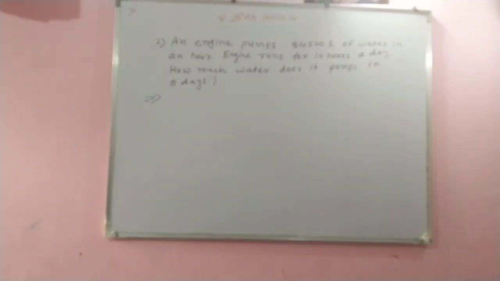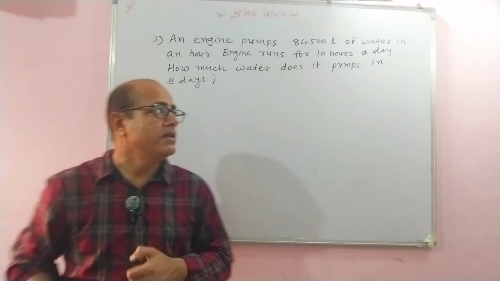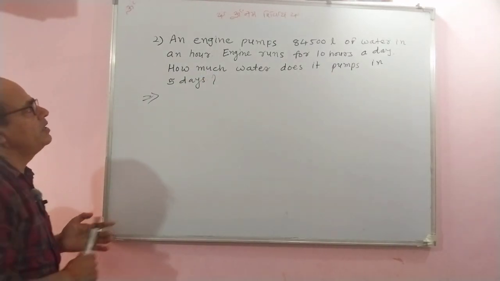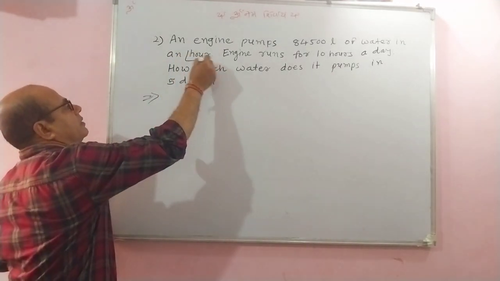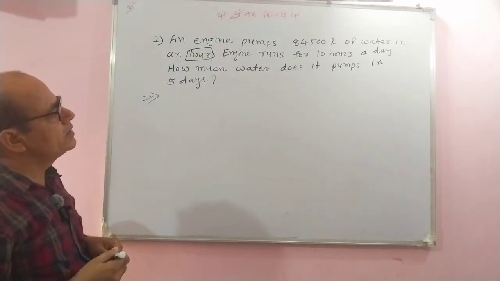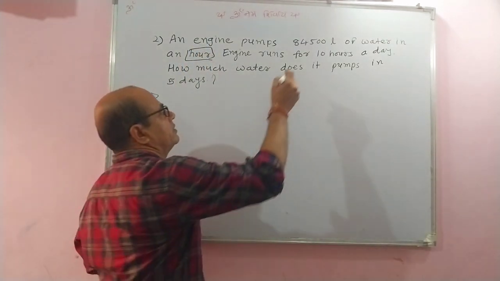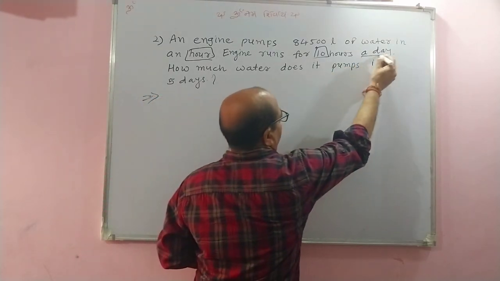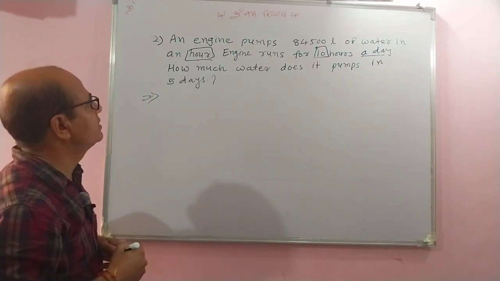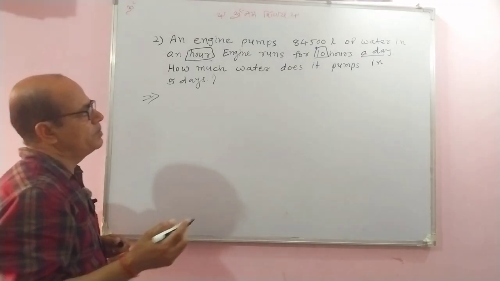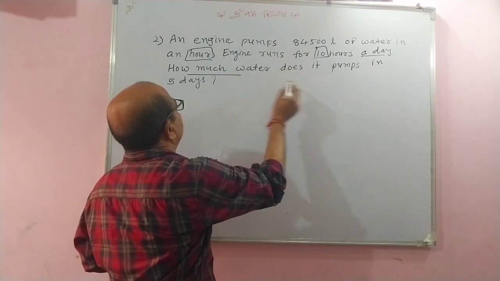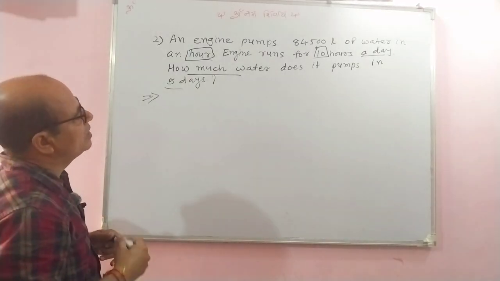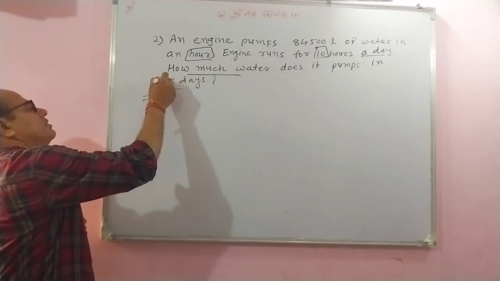Now the next example is, an engine pumps 84,500 liters of water in an hour. The engine runs for 10 hours in a day. How much water does it pump in 5 days? First of all you have to find the hours in 5 days.